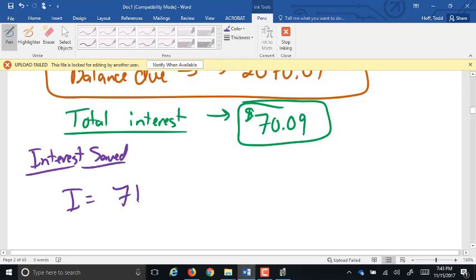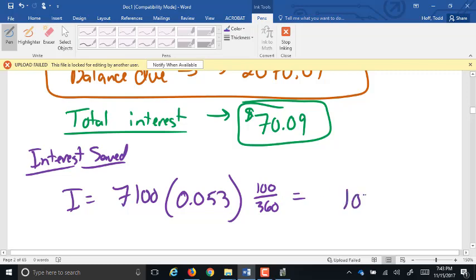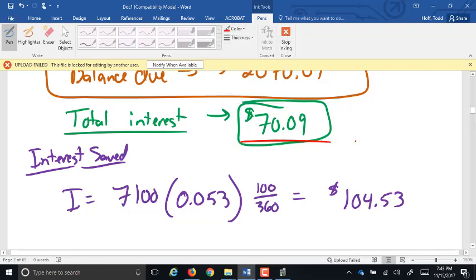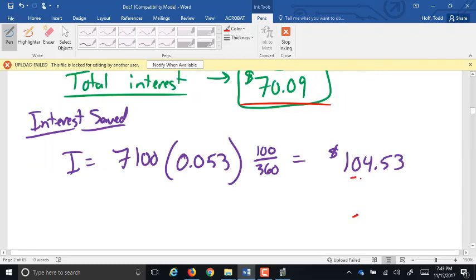So the interest would have been $7,100 at 0.053 at 100 over 360, $104.53. Now we subtract the interest that was actually paid of $70.09 to get $34.44, which is what was saved.